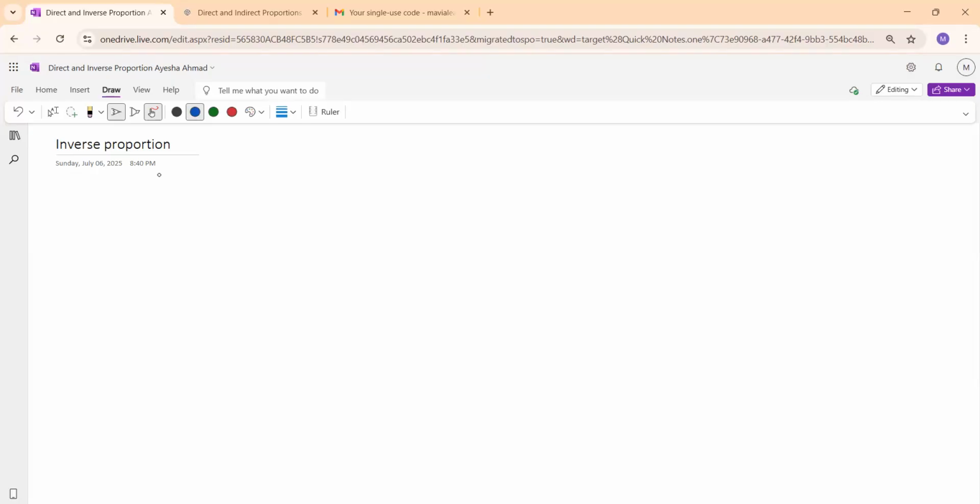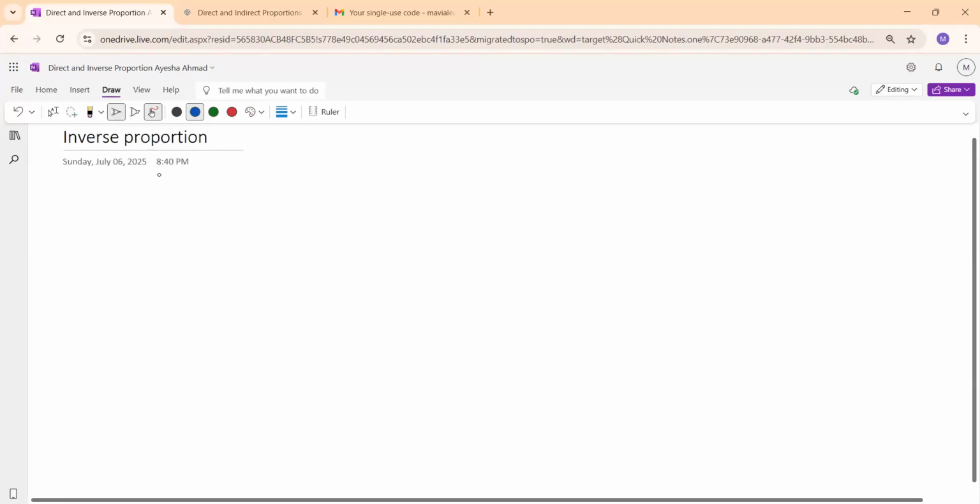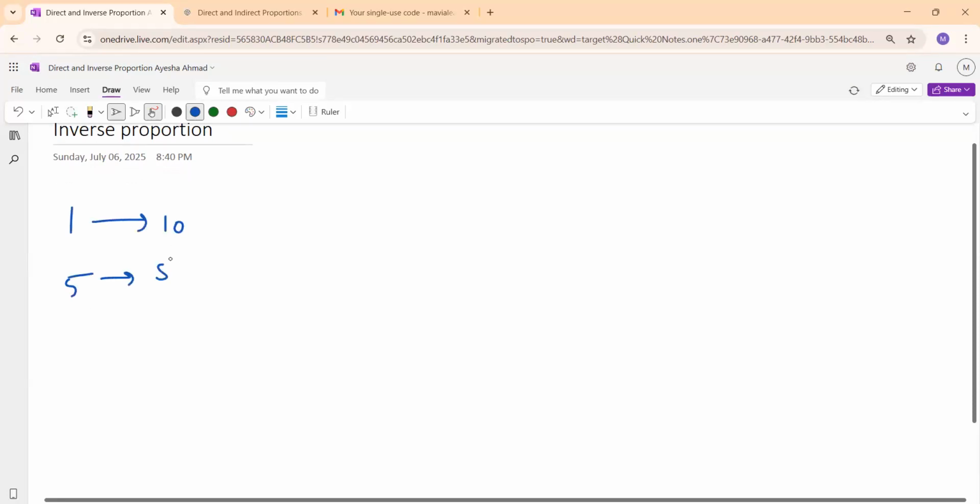Direct was like, maybe equal chances or maybe direct. Yeah, so direct was: suppose I buy one pen for 10 rupees, so five pens will cost me 50 rupees. Very simple. If I increase the number of pens, the cost would increase. This was direct. But the inverse was, let's say there are five people.